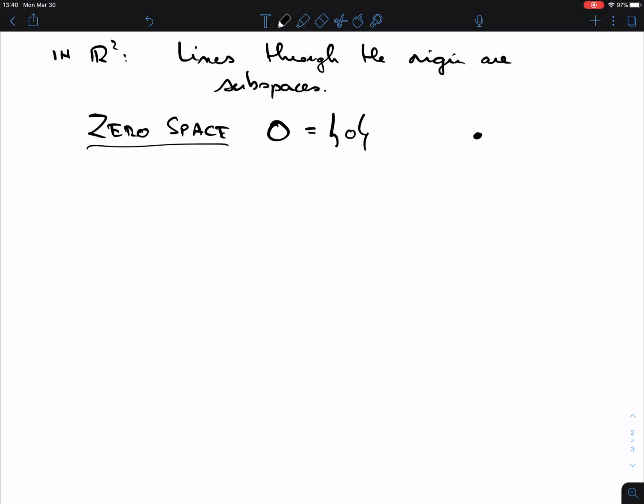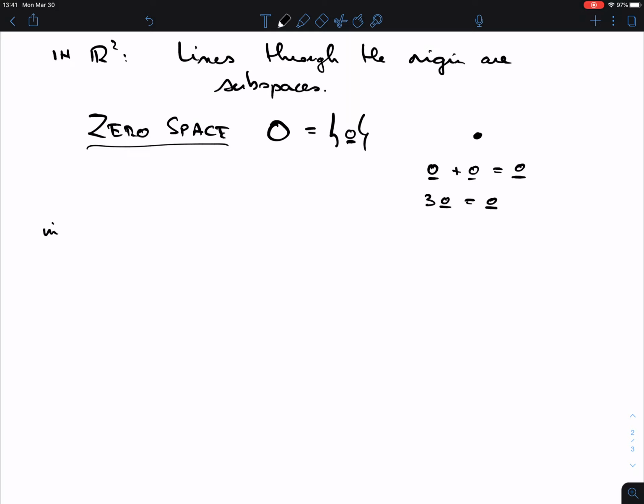Well, there's only one element, so okay, you have to take the element twice. If you take the 0 vector and add it to the 0 vector, well, that's the 0 vector. And if you take a multiple of the 0 vector, well, that's also the 0 vector. It's stupid, I know, but it is important. It's an important space, the zero space, and it's always there, okay? And the whole space, of course, is also always there.